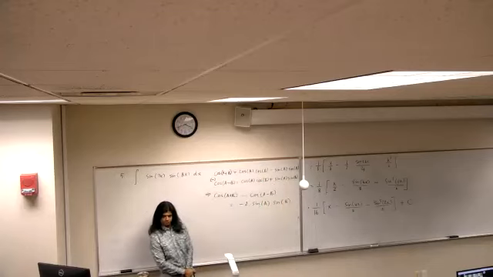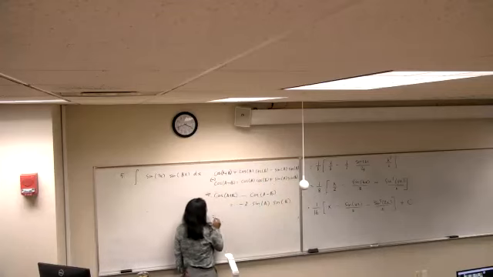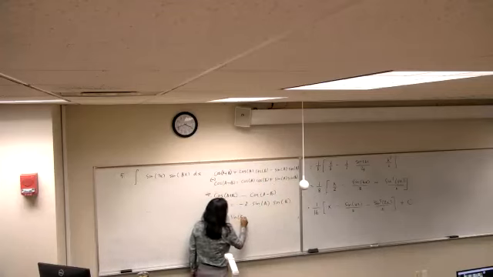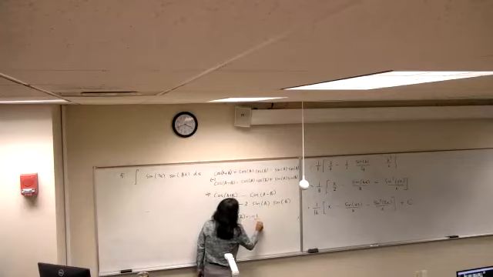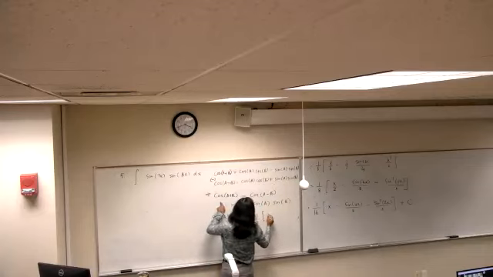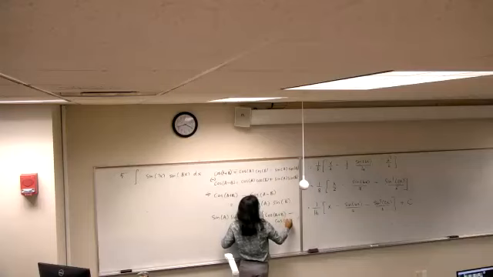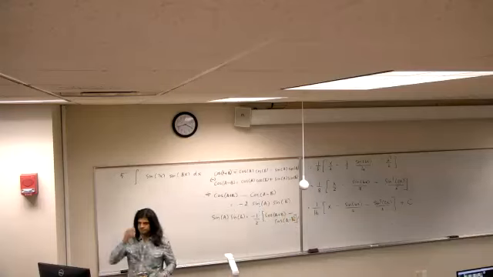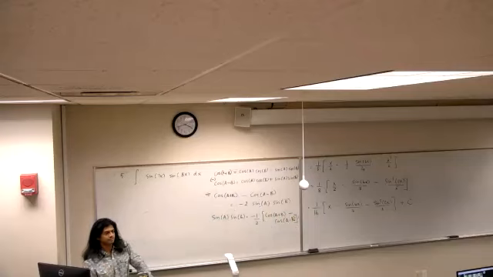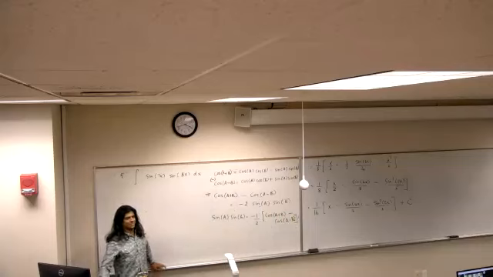Divide by -2 on both sides, sine a sine b would equal -1/2 cosine a plus b minus cosine a minus b. Good. You see what I did there?